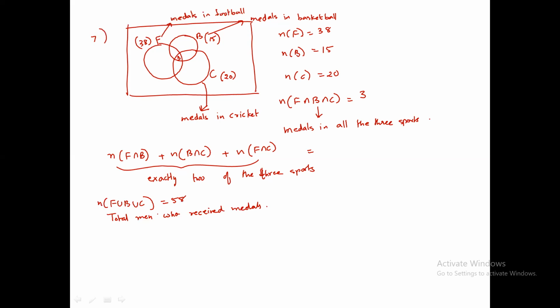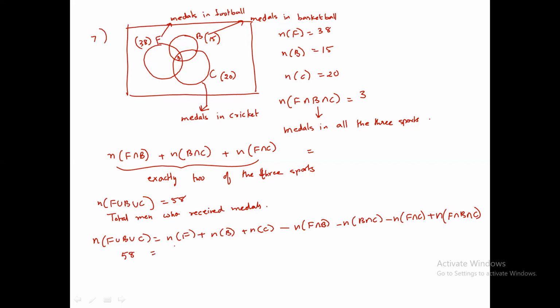So based on that, we will take the formula n of F union B union C is n of F plus n of B plus n of C minus n of F intersection B minus n of B intersection C minus n of F intersection C plus n of F intersection B intersection C. So n of F union B union C, I will write 58.